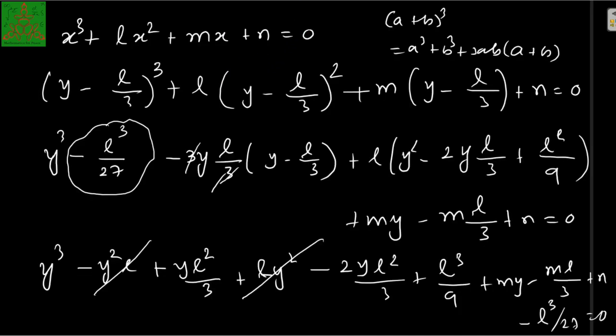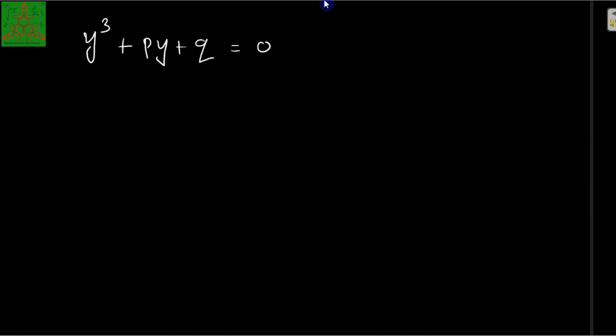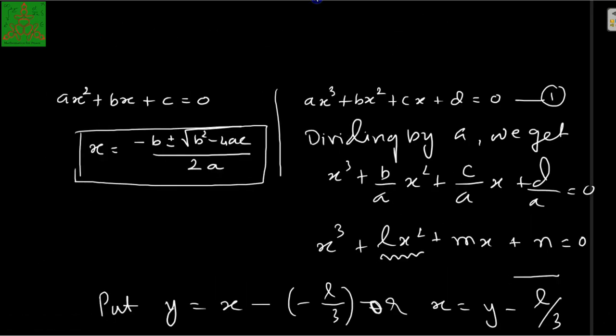So finally what we got is an equation in terms of y cube plus p y plus q equal to 0. So if you want to solve the original equation, which I can call equation 1, it is equivalent to solving equation number 2, y cube plus p y plus q equal to 0.